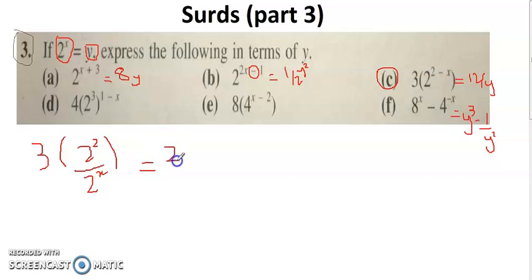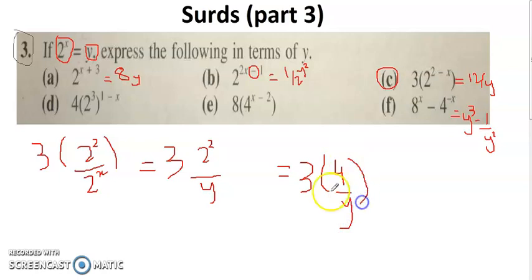So we'll do it again. 2 squared upon y, okay? Now 2 multiplied by 2 is 4, right? So 3, okay, 4 upon y. Now because the number outside bracket will always multiply the numerator, so the answer should be 12 upon y. And this is our answer, 12 upon y, okay? So that means another question correct.